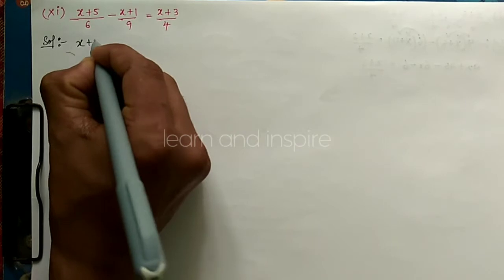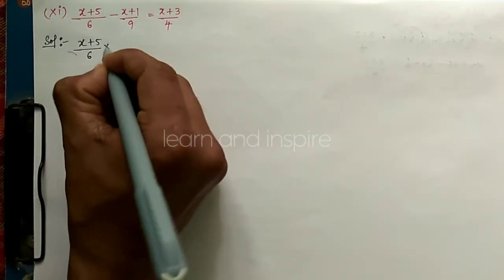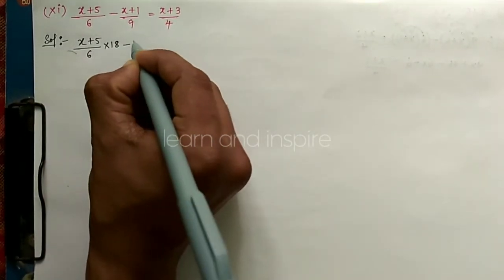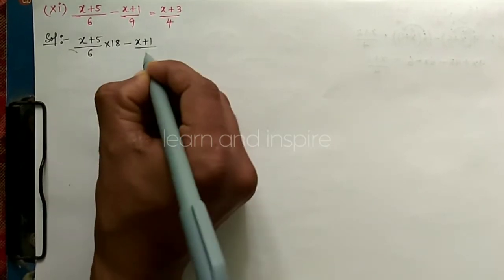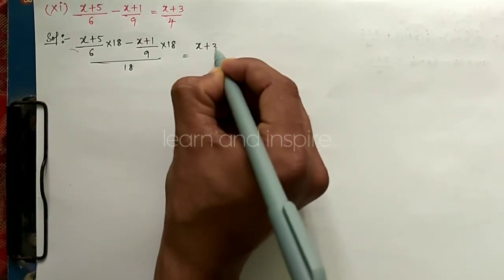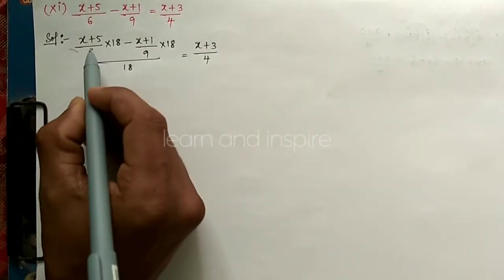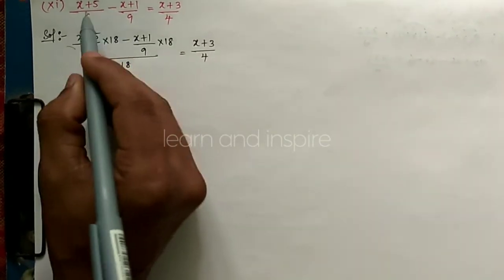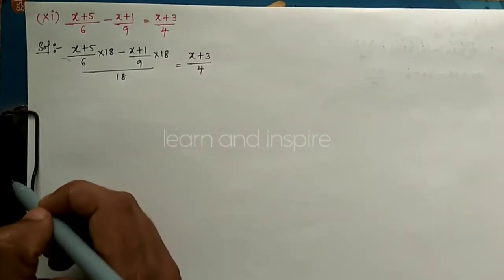X plus 5 by 6 into 18 minus x plus 1 by 9 into 18 divided by 18, which is equals to x plus 3 by 4. So here we are multiplying 18 to each term because LCM is 18.